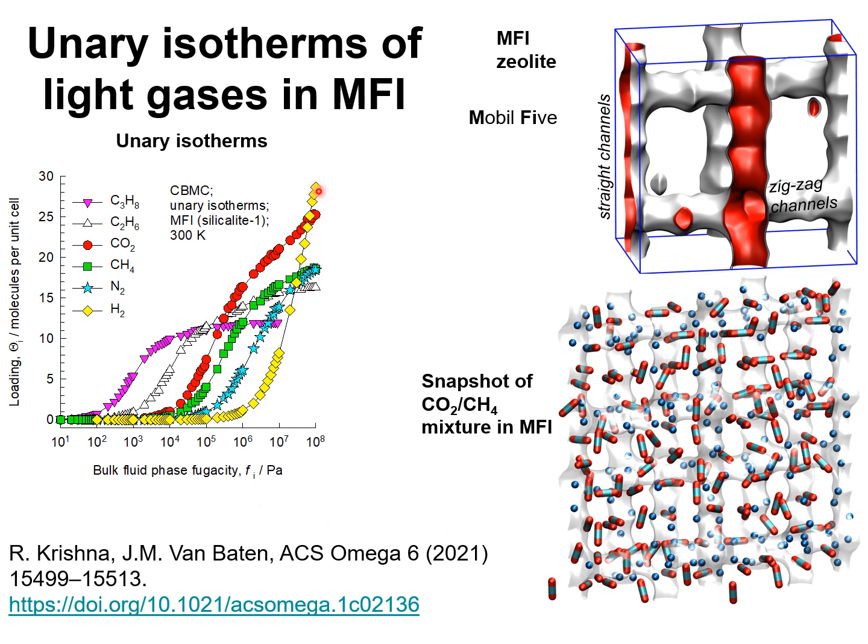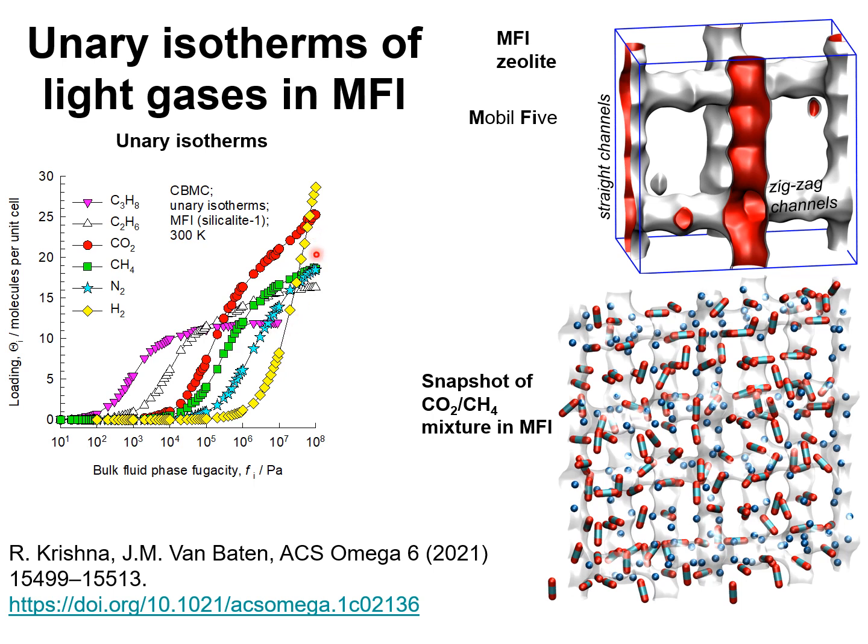We note that the hierarchy of saturation capacities is hydrogen, the highest, with a saturation capacity of about 30 molecules per unit cell. The next is carbon dioxide. Then we have methane, nitrogen, ethane, and propane.